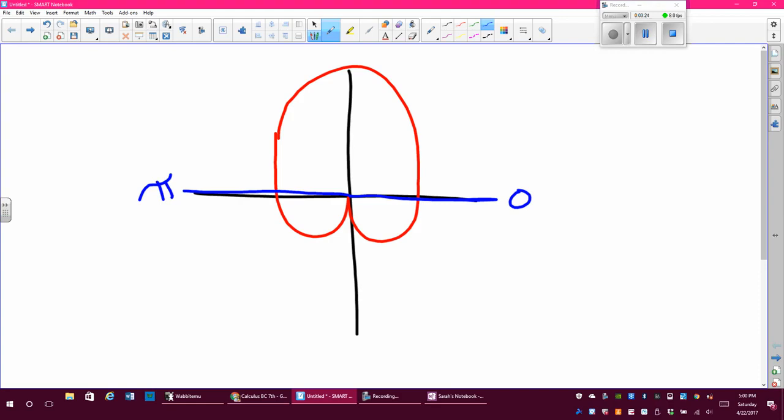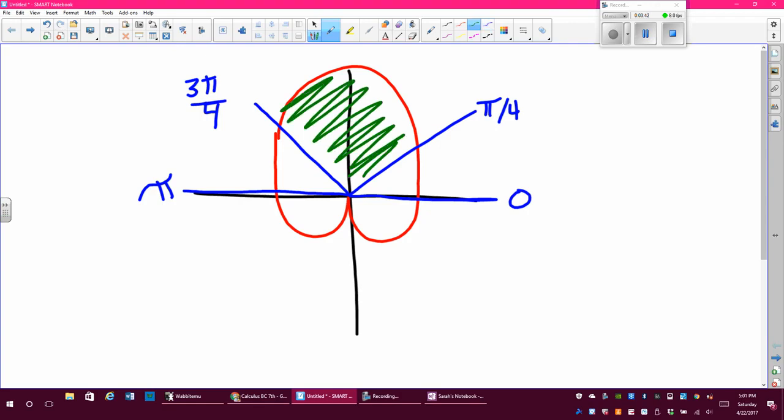So when we talk about taking a sector of this graph, let's say we want the area of this thing from pi fourths to 3 pi fourths. This is not area from x value to x value. This is area from theta 1 to theta 2. So we're literally talking about taking an area over a range of values of an angle.